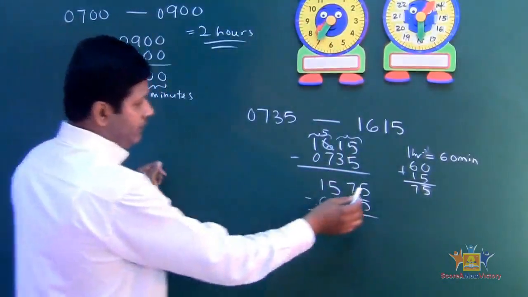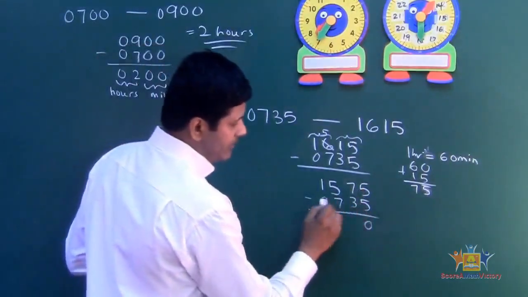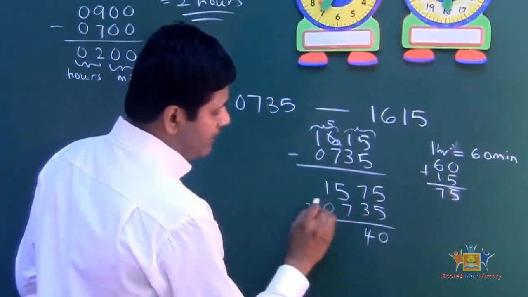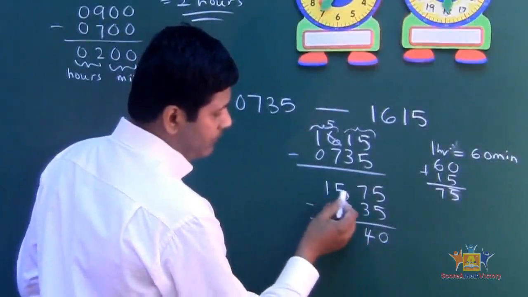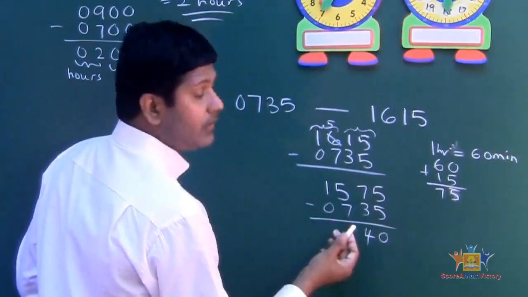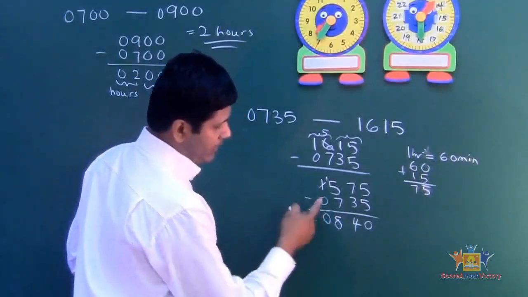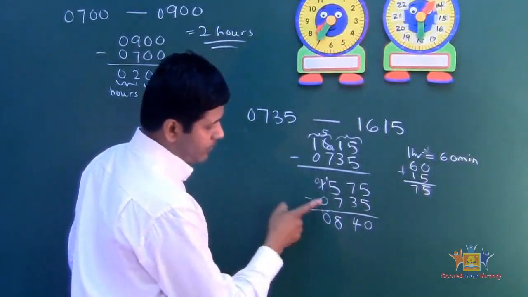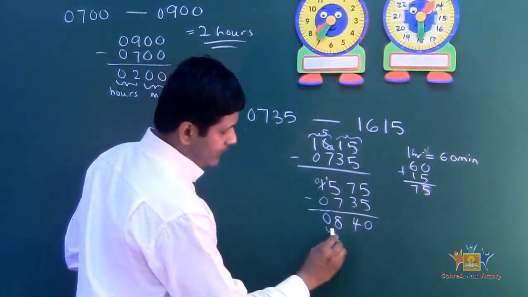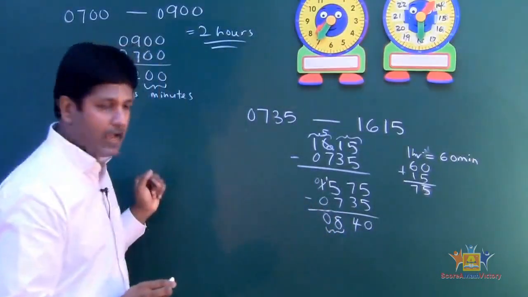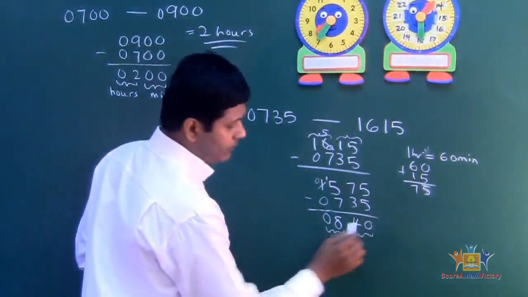So in this case, 75 minus 35 is 40. Then 5 minus 7, I cannot, so I borrow from 1, becomes 15, and 15 minus 7 is 8. Then 0 minus 0 is 0, because this one becomes 0. So this is the 8 hours, and this is the 40 minutes.